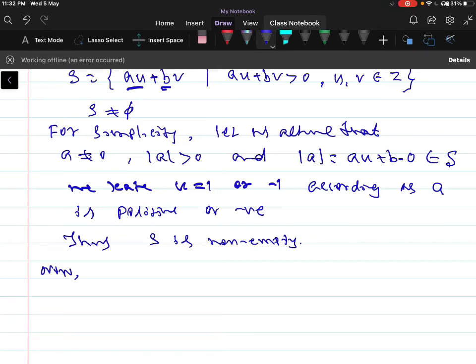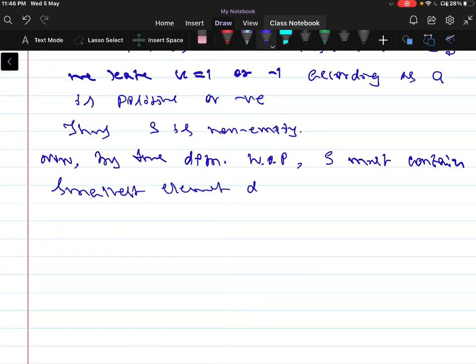Now, by the well ordering principle, the set S must contain a smallest element D. Since D belongs to the set S, D can be written as a linear combination of two integers a and b for some integers x and y.